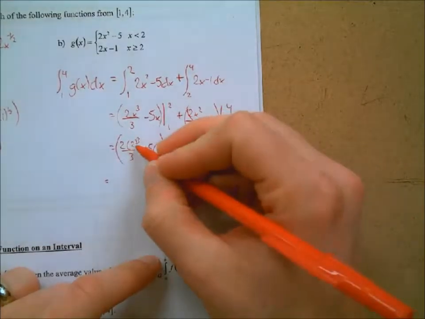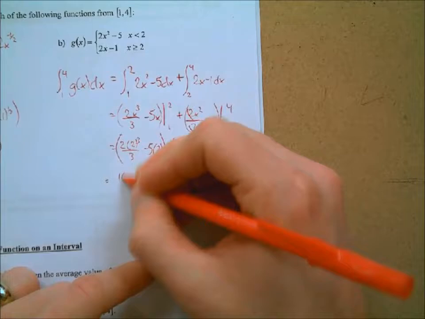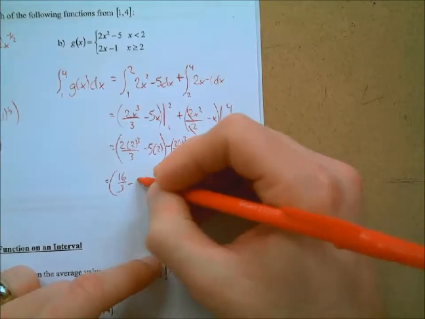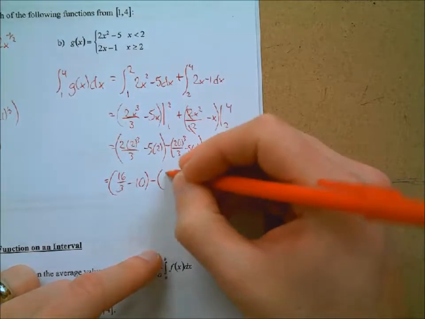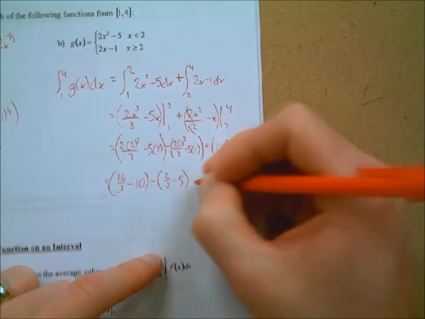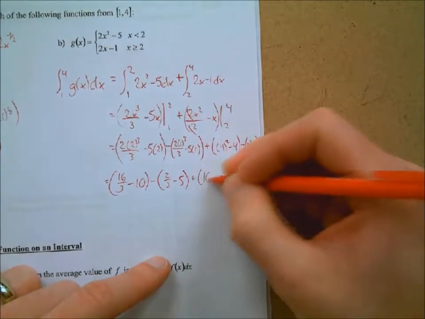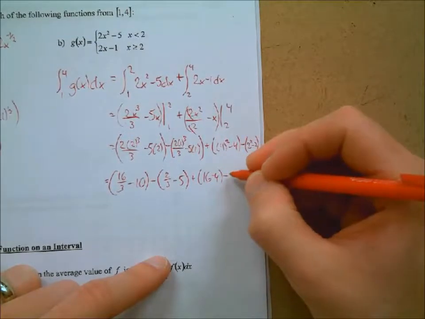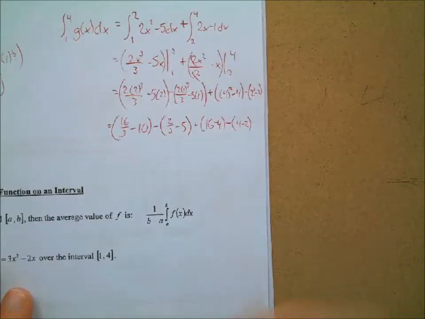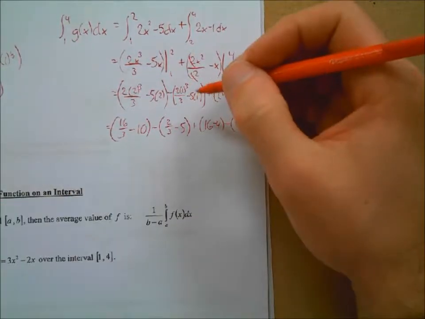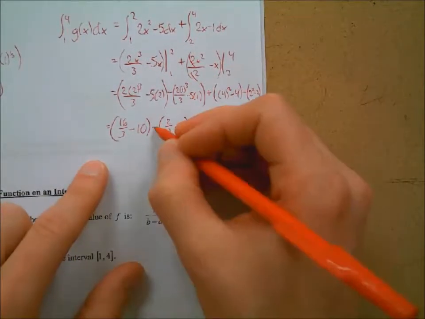So 2 to the third is 8, so we get 16 thirds here. Minus 10 minus, let's see here, that's going to be 2 thirds minus 5 plus 16 minus 4 minus 4 minus 2. Okay, so let's see here. I'll go ahead and distribute the minus sign here as well.